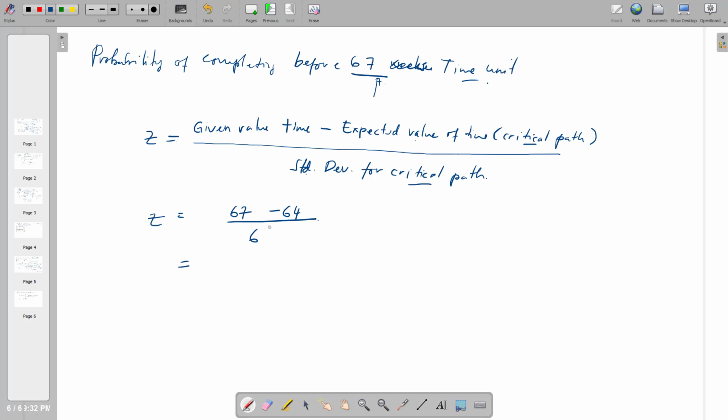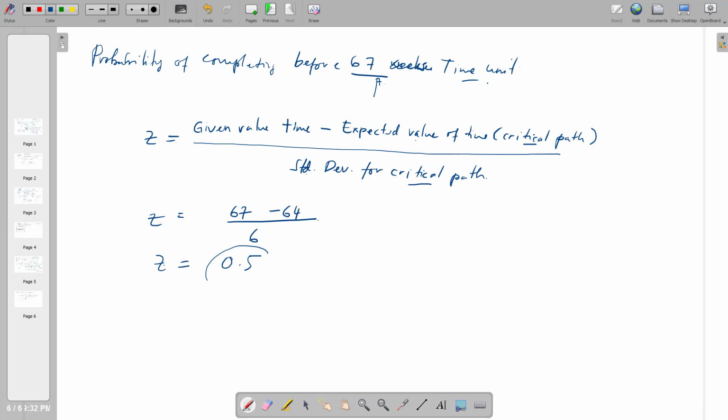Okay, let me find it. Never mind. So 67 minus 64, you said 0.5, right? Correct? Okay. Because this one will define the table later on. Now you have the z value.